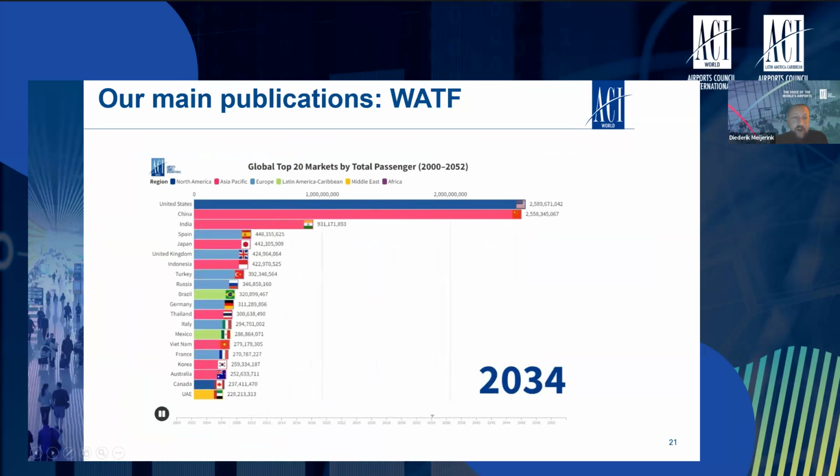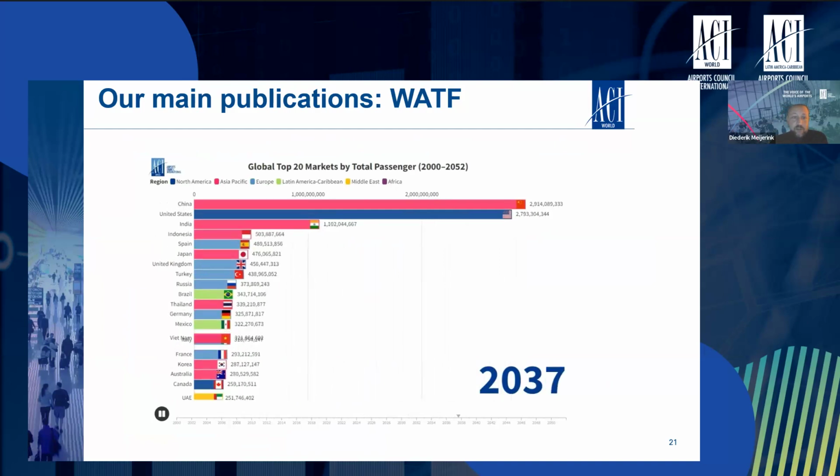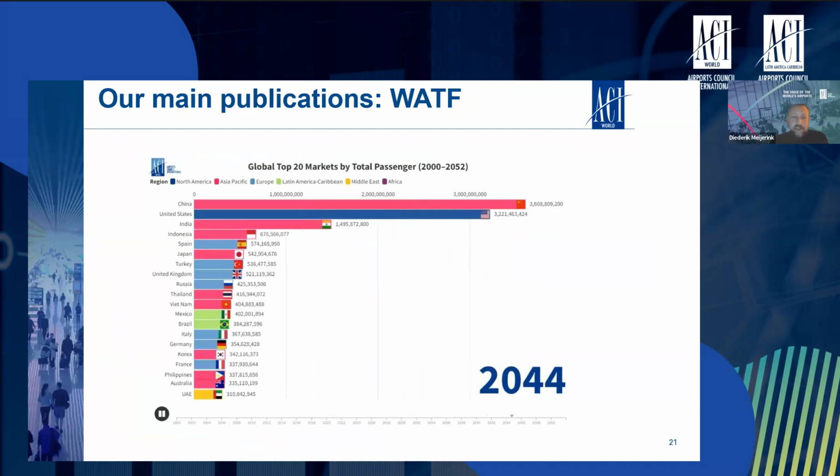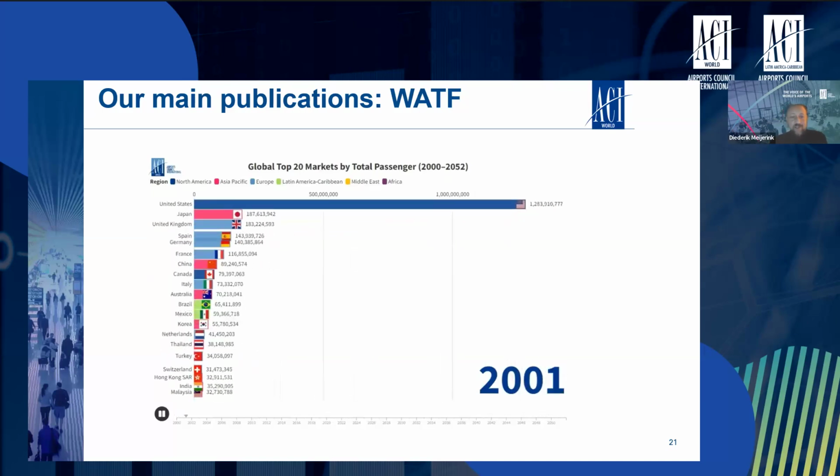India being the third market, China taking over the first position, and the US being the second in the near future. So we constantly update these tools as well, so as to enable you to see these animated figures and do more with the data than just the reports. They're the basis of what we do, but as said, we're focusing more and more on interactive animated content.